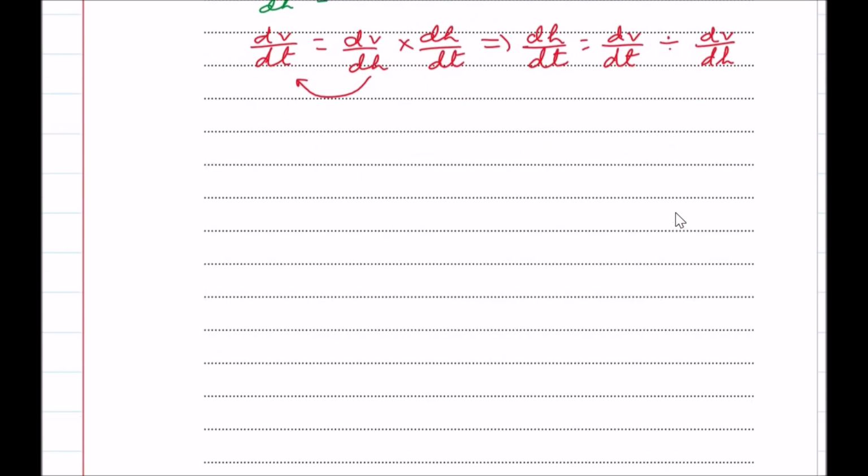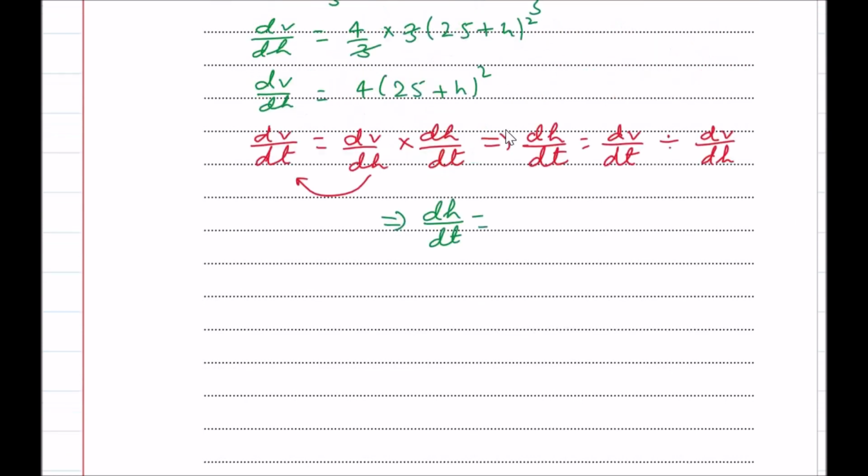Now let us write. This implies that dh by dt is equal to, now dv by dt is 500. You can see here, this is given in the question.